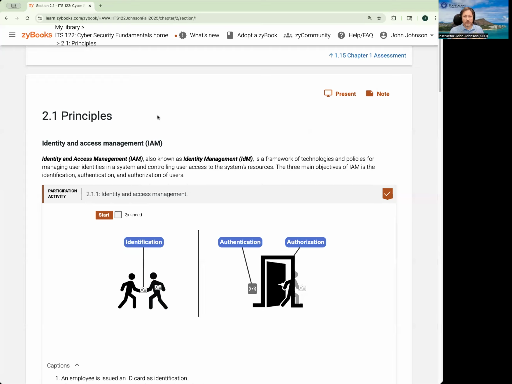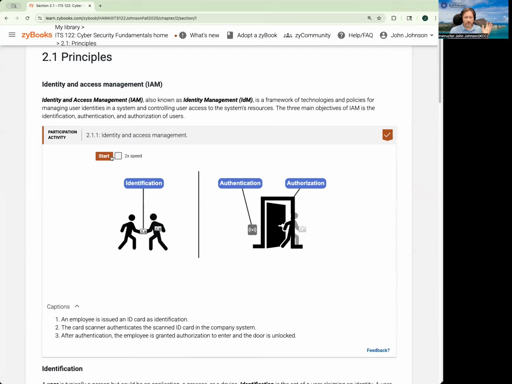So when we talk about users, primarily, we mean you and I, but we also mean these other processes and things that can be running. But again, we're going to focus in this section on identification, authentication, and authorization. They may sound like similar concepts, but they're actually unique, they're different.